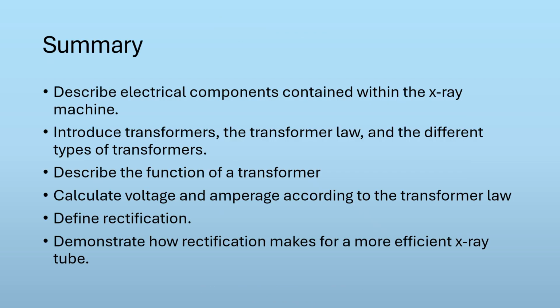All right, so yeah, electrical components for the X-ray machine. Between this lecture and the previous one, we have walked through all the circuit elements. Transformers and rectifiers are a little bit more complex, at least as far as what you need to understand for the X-ray schematic inside the bounds of this course, and what you need to know for the registry.